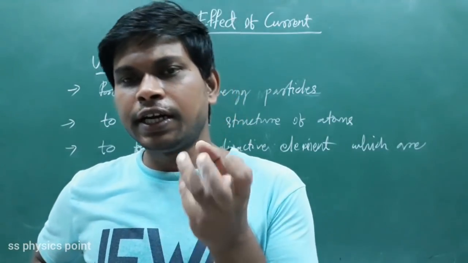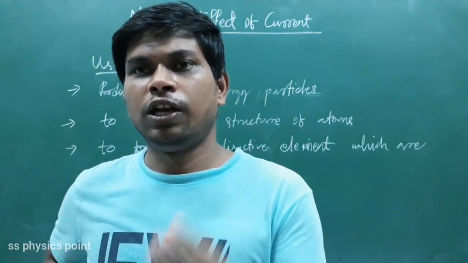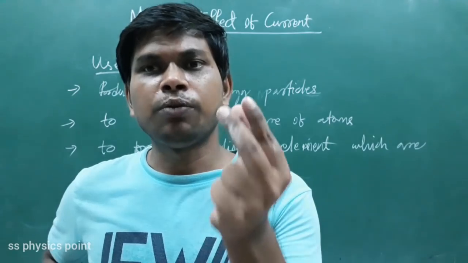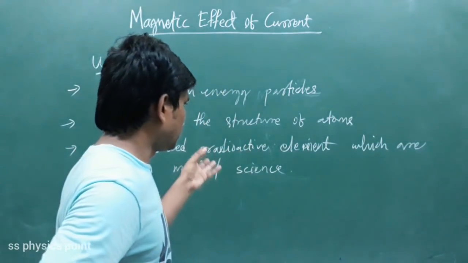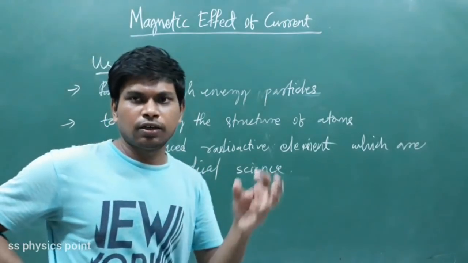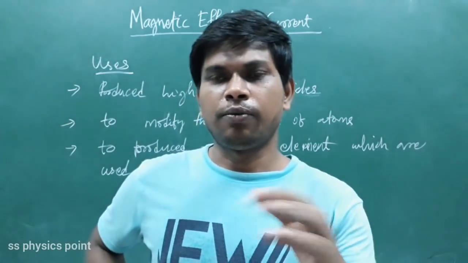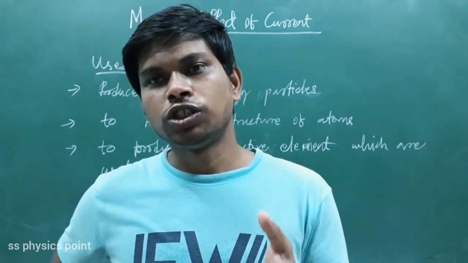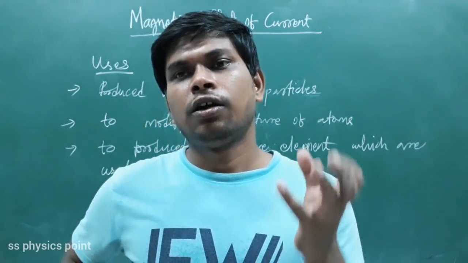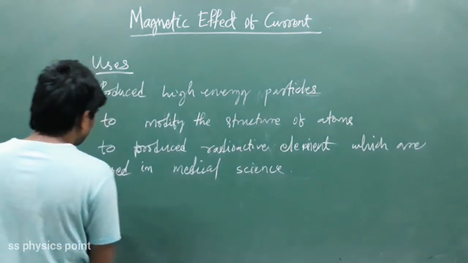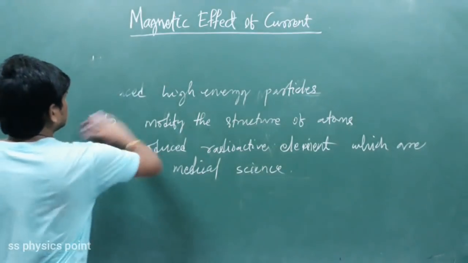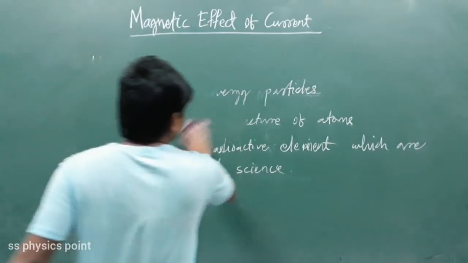To treat that cancer we need a radioactive element. That element can be produced by modifying the structure of an atom, and that structure is modified by the cyclotron by producing high energy particles.